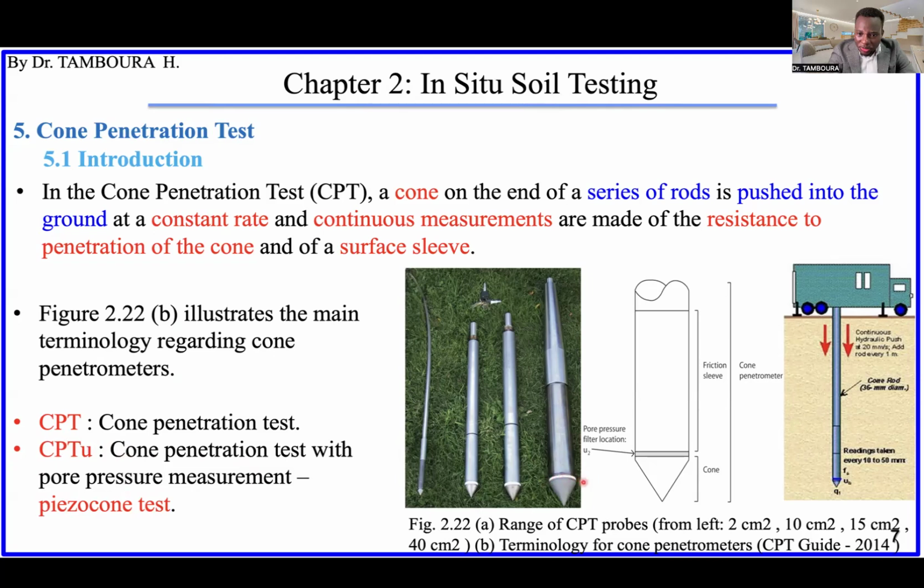This ring, this part, is the part that gives us the pore water pressure. So CPT and CPTU, you should know the difference between these two. This one is not giving us pore water pressure, but this one gives us the pore water pressure.